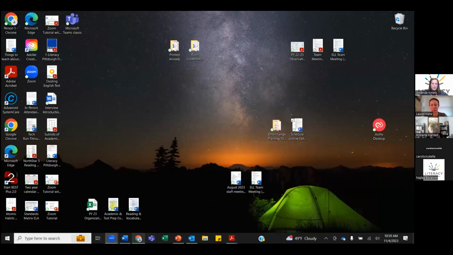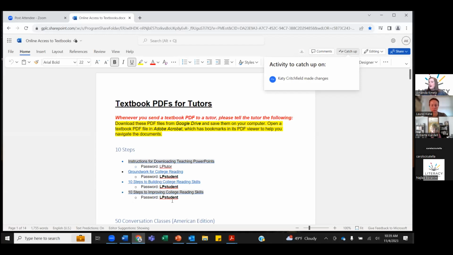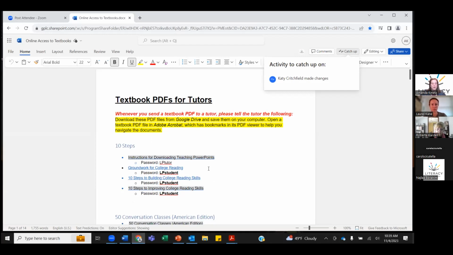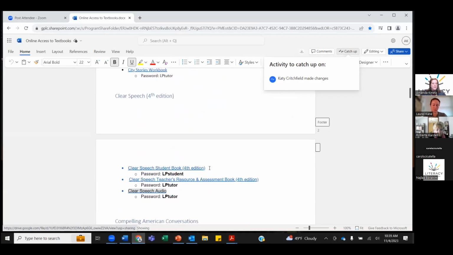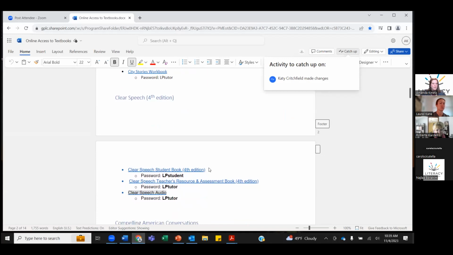Is everyone familiar with, and if you're not, the textbook PDF for tutors? I'm sure your area coordinators might be able to give you access to this book, but you'll find Clear Speech right here on this document, if you need an electronic example.